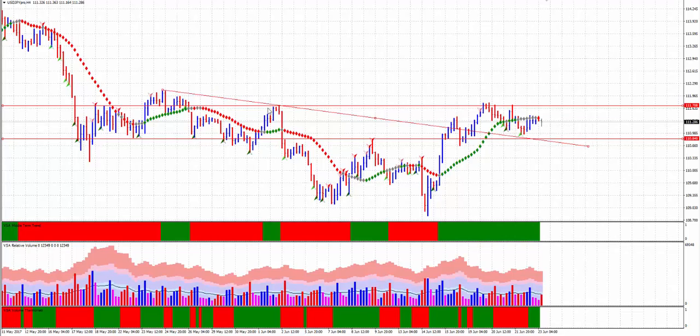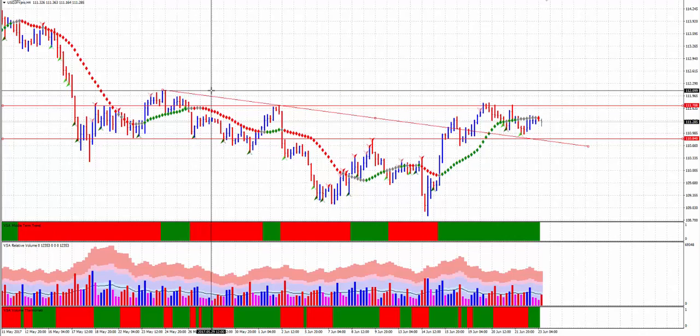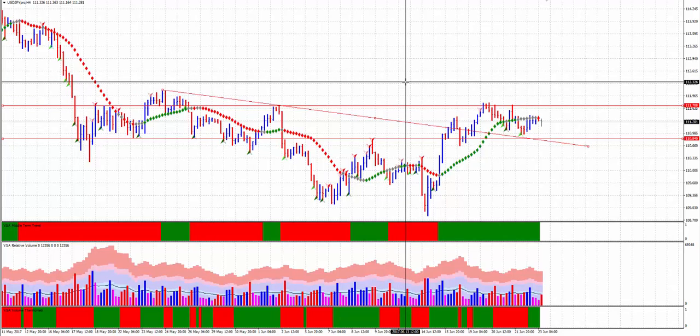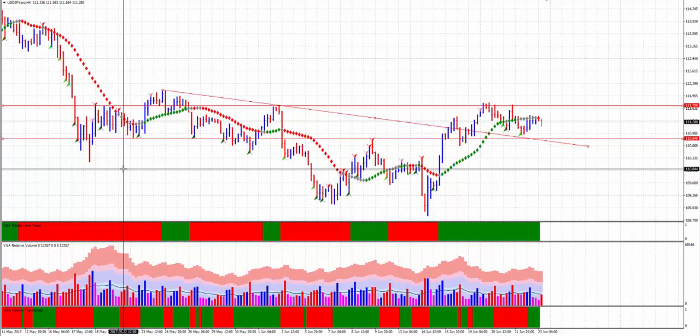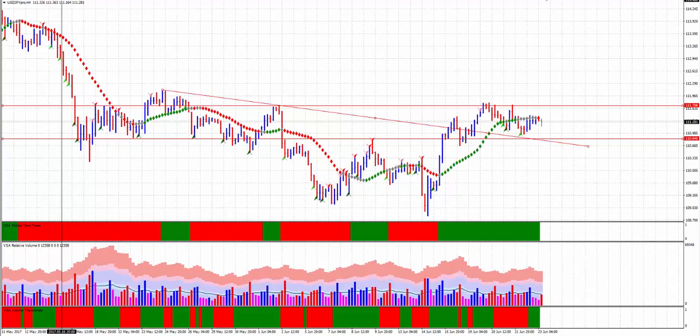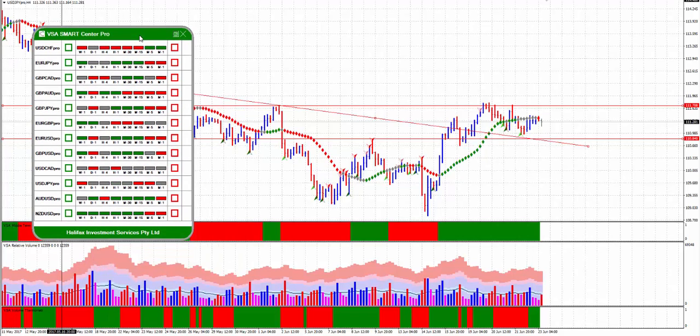Really, I would like it to clear that level, and then ultimately clear this previous high as well, and see higher prices. So we'll see how this pans out, but at the moment there is really no opportunities for any trades in the USD Japanese.